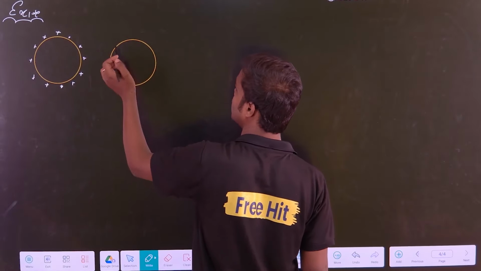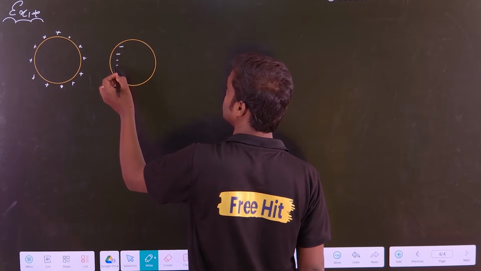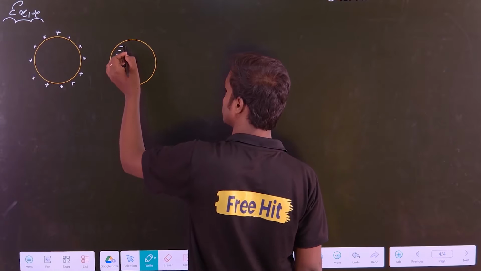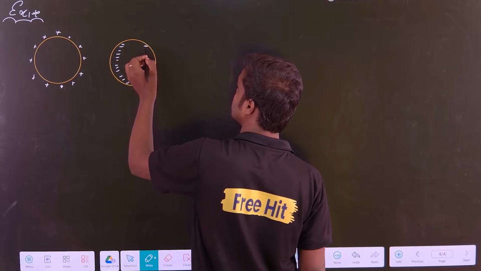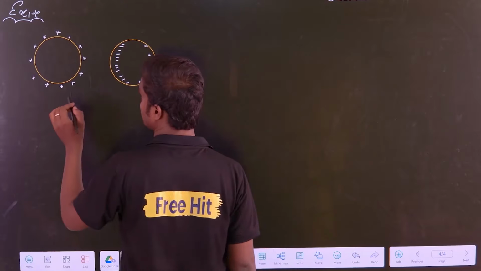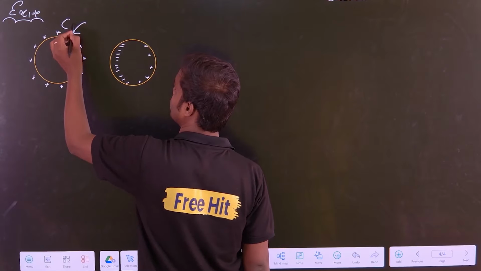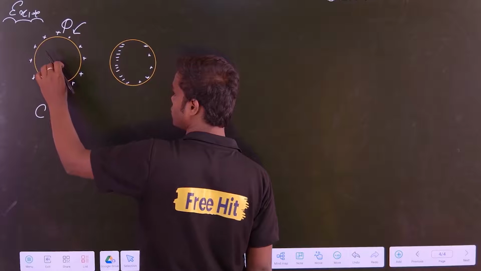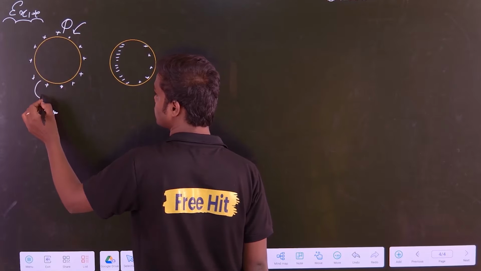As it is a neutral conductor, some negative charge will be induced, correct? The negative charge will be more on this conductor, and the positive charge here will be less. Now suppose the charge is Q. Now if I want to write the capacitance for this conductor, what will be the capacitance value?